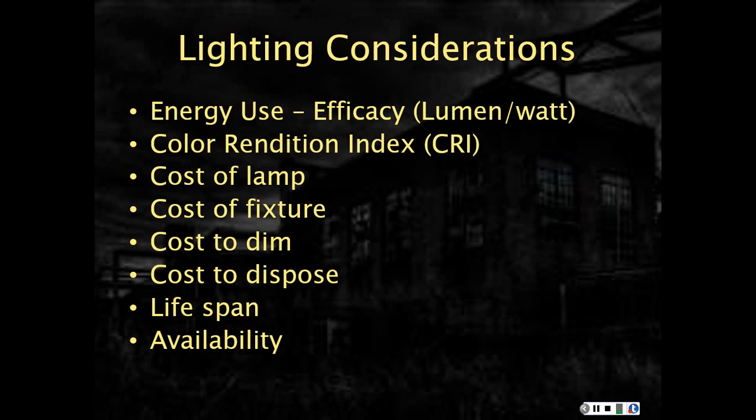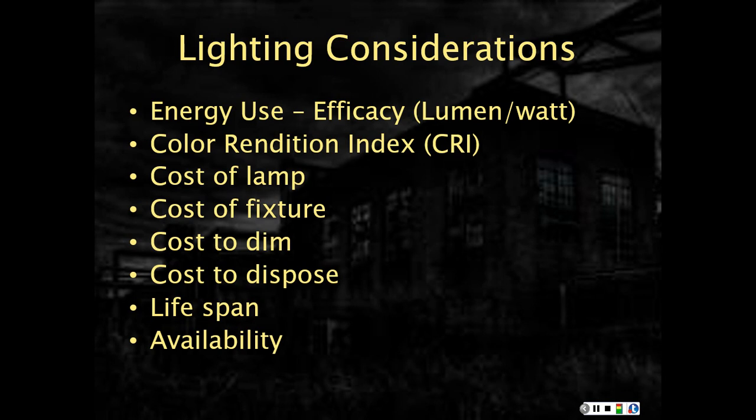So color rendition index is an index from 0 to 100. 0 meaning I can't distinguish any color, all the way up to 100 meaning that I can distinguish the finer shades of even reds, blues, whatever. So 100 is a perfect color rendition, 0 is the total lack of.